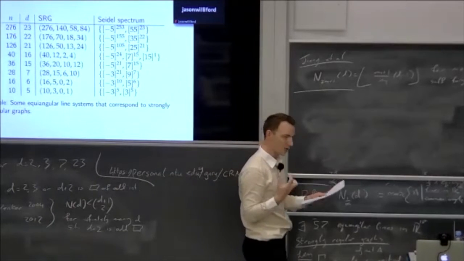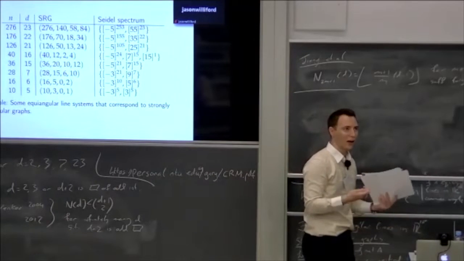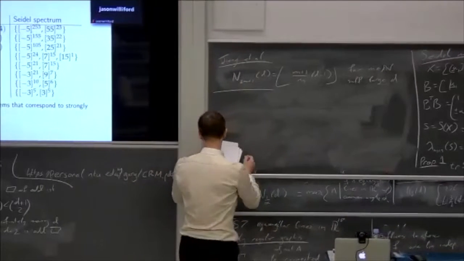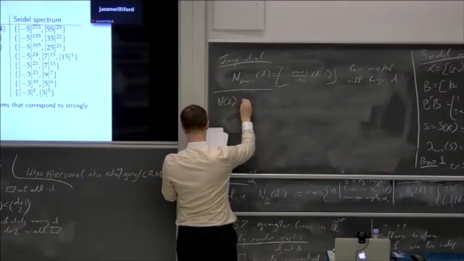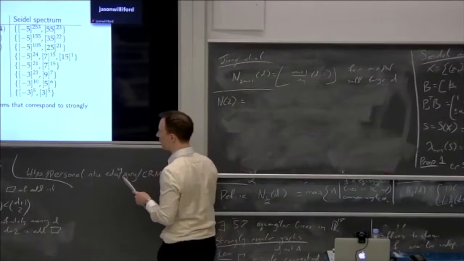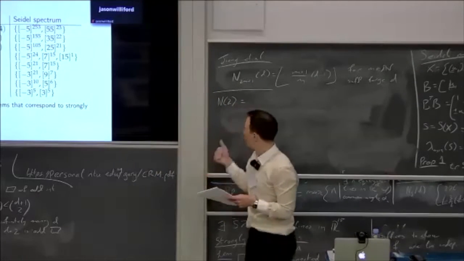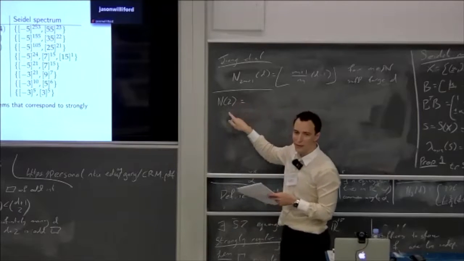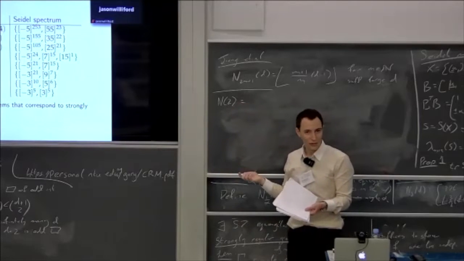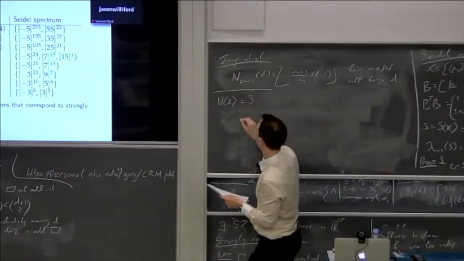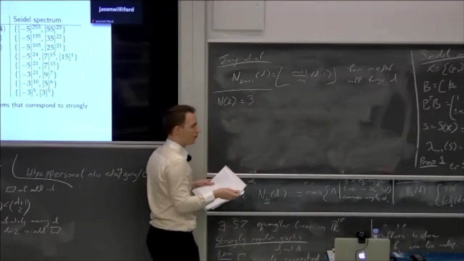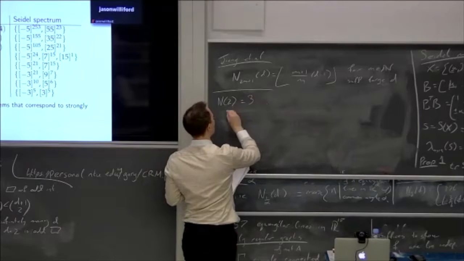So now that's the introductory results dealt with. Now we can actually start getting our hands dirty and trying to prove some maximality. So let's think about N(2). We saw at the beginning that we know the lower bound is 3. We know we can get 3 lines in dimension 2, and the absolute bound also gives us 3. So we know that N(2) is equal to 3, just using the absolute bound.